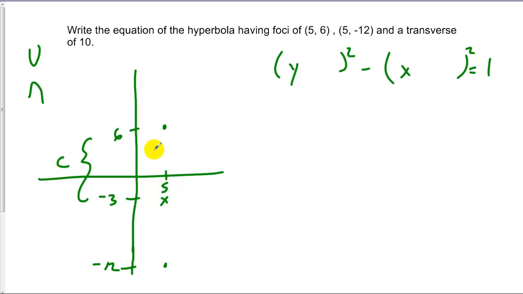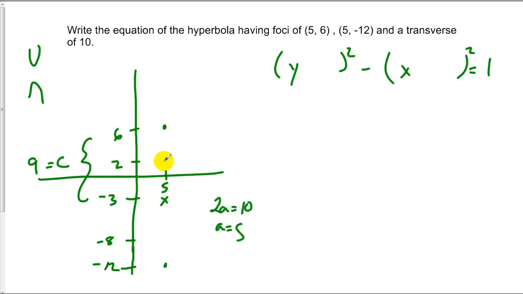Next, I'm being told that my transverse axis is 10, so therefore I know that 2a is equal to 10, therefore a is equal to 5. So I know that if c is equal to 9, a is equal to 5, so 5 up puts me here, 5 down puts me here.